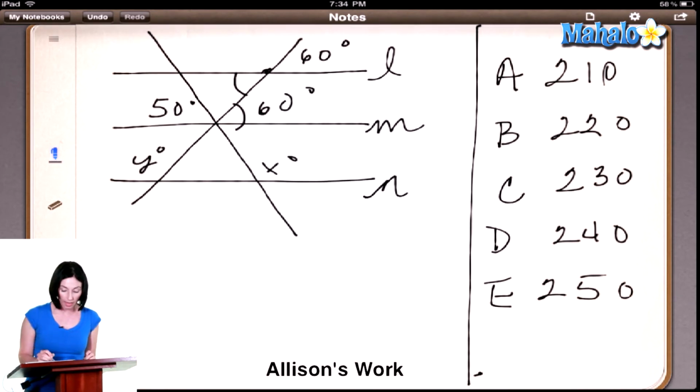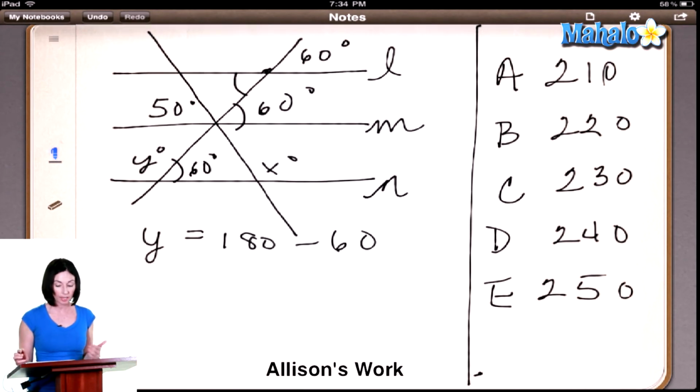The angle that the transversal makes with line N, that's also 60 degrees, right? If I know that the angle at the bottom, next to the y, is 60 degrees, what is y? It is 180 minus that 60 degrees, because those 2 things lie on a straight line, so together they cover 180 degrees. So y has to equal 180 minus 60.